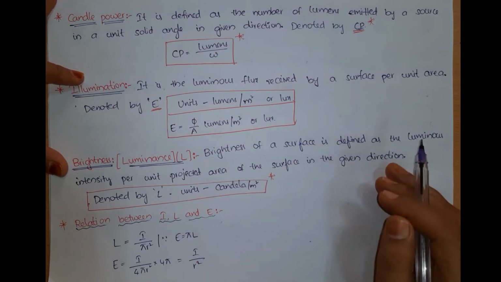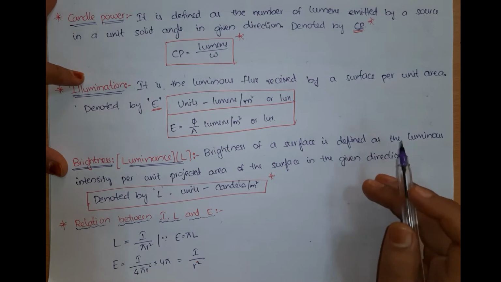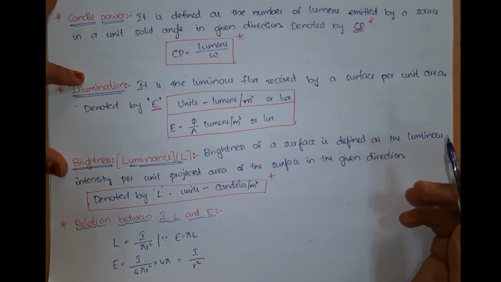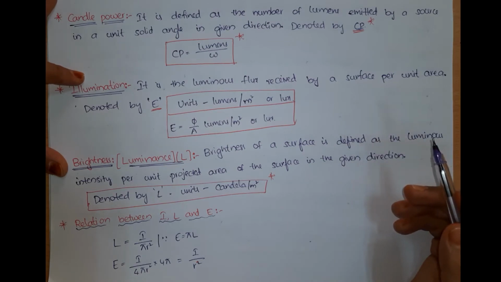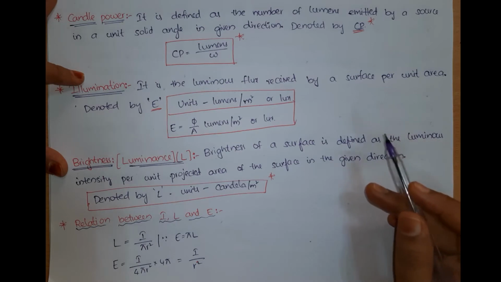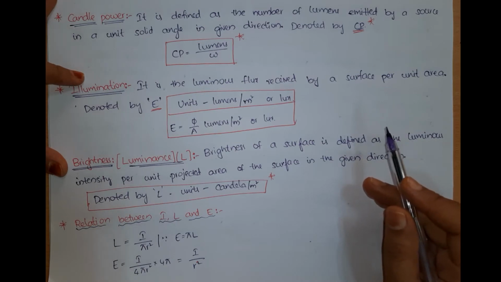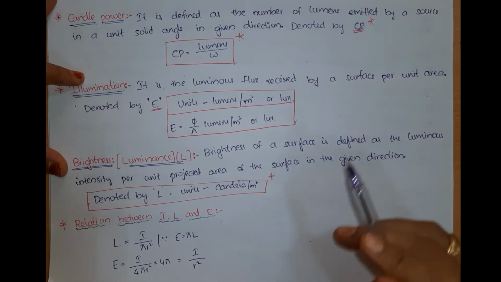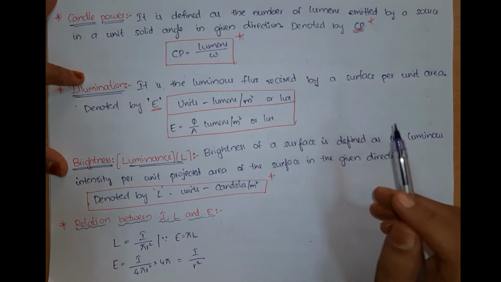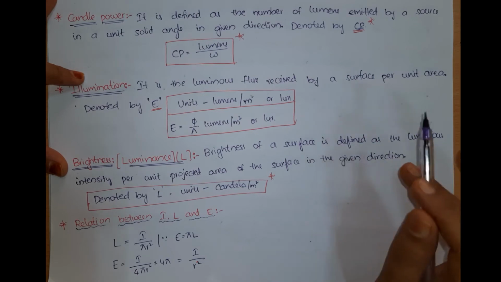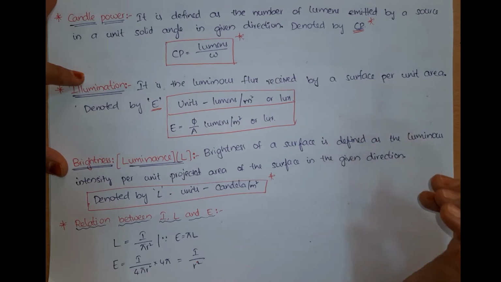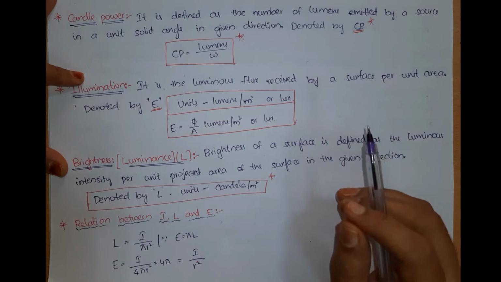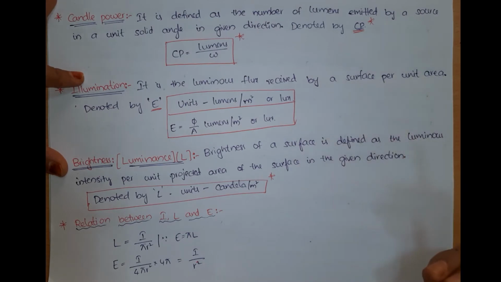So light is a cause and illumination is an effect. Generally these terms are more or less the same, but strictly speaking there is a difference. Illumination makes the surface more bright or less bright with a particular color.